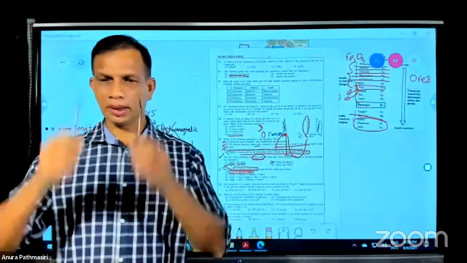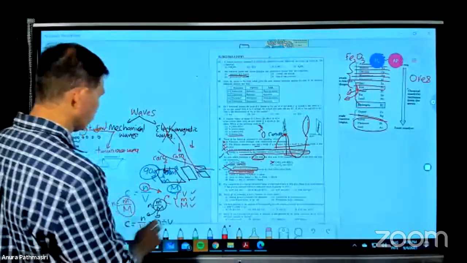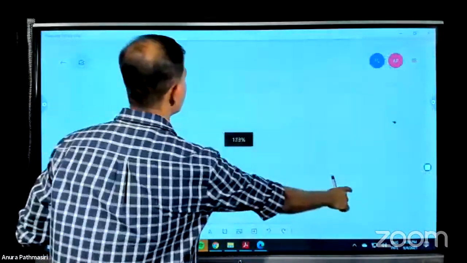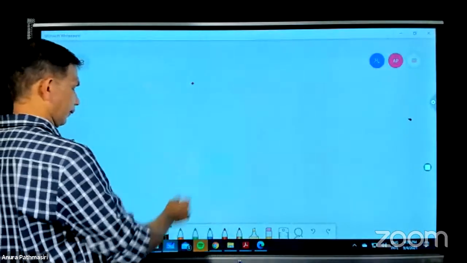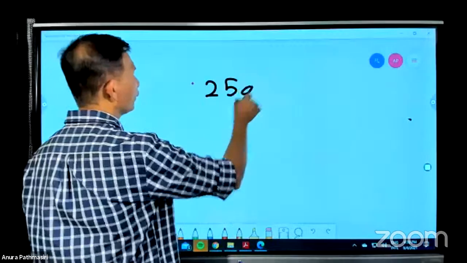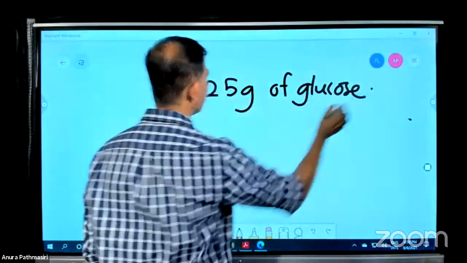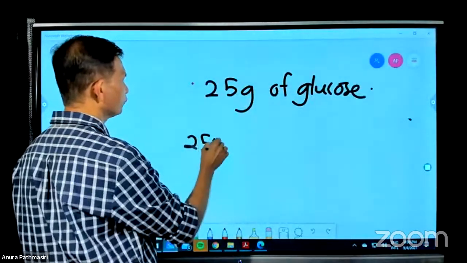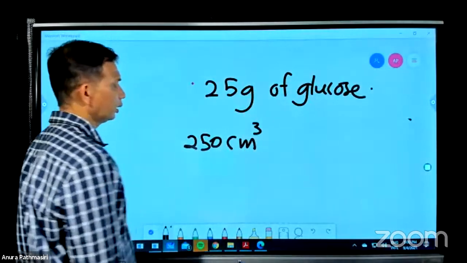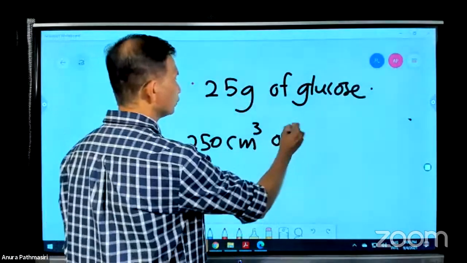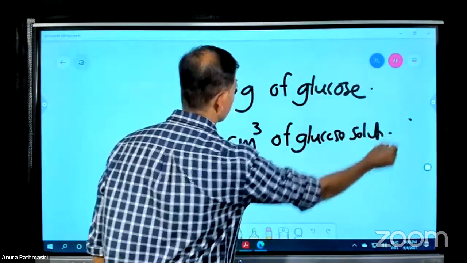If you are asked to make a question like this, imagine that 25 gram of glucose is dissolved in 250 cubic centimeter of glucose solution.